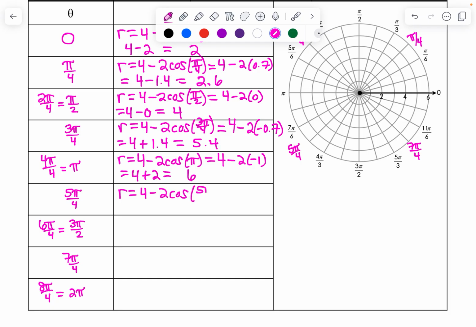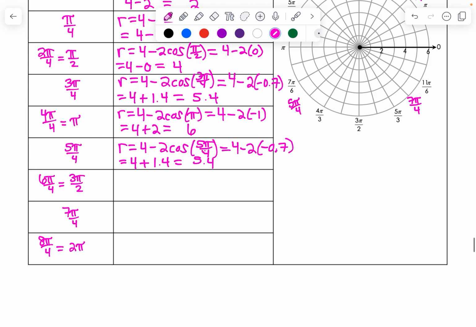All right, if we plug in 5 pi over 4, that's down in quadrant 3, so we know the cosine is negative, and we estimate the cosine of pi fourths is 0.7, so negative 0.7 times the negative 2 will give us positive 1.4. And so again, we will get 5.4. All right, so if this time we plug in 3 pi over 2, we know that the cosine at 3 pi over 2 is 0.